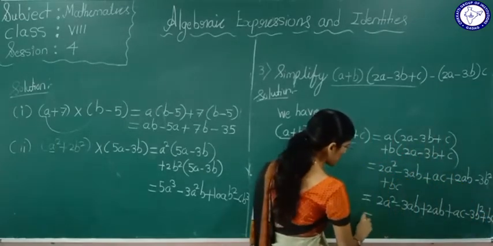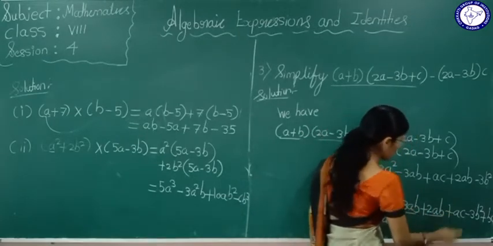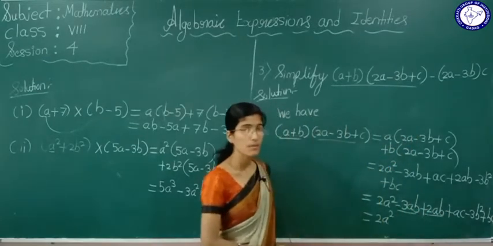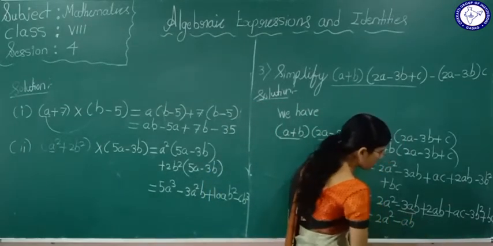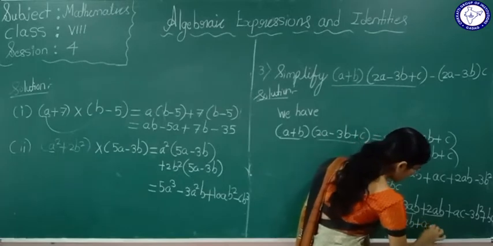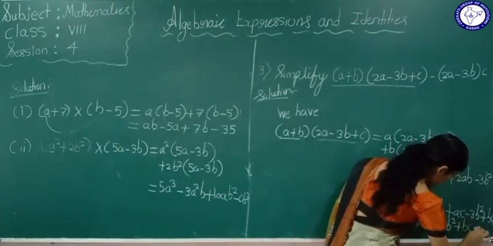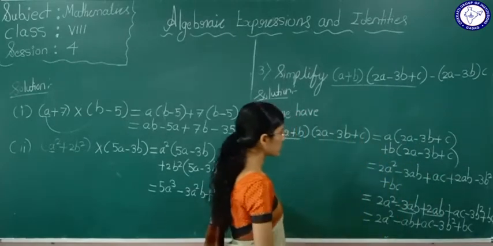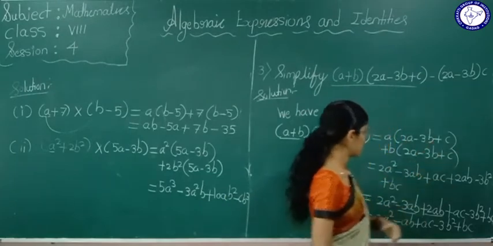Now this is equal to 2a square. What is minus 3ab plus 2ab? It will be minus ab, plus ac minus 3b square plus bc. Now see here, this part we have simplified. Now we will simplify this one.